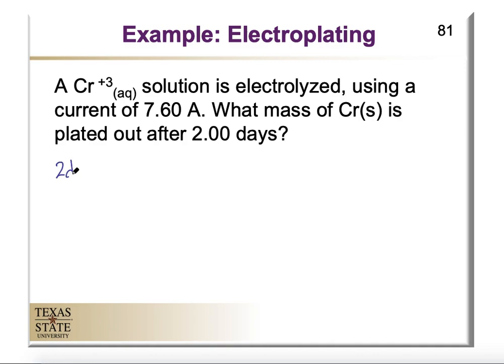So 2 days, 1 day has 24 hours. Then from there, we know that 1 hour has 3,600 seconds. And that gives us a total of 172,800 seconds.